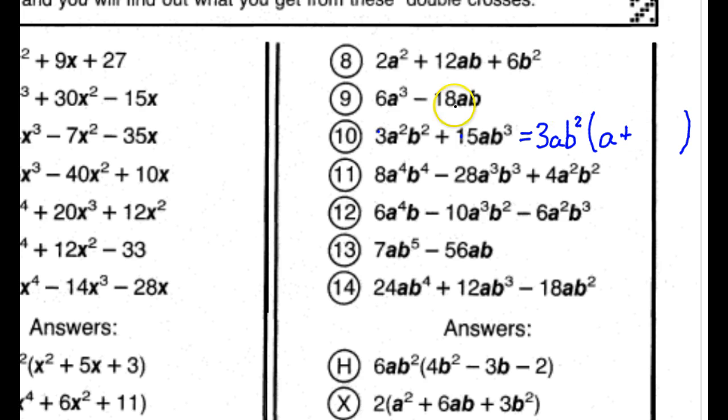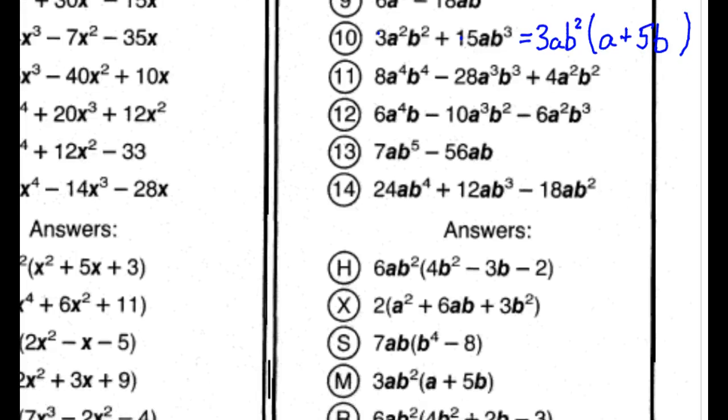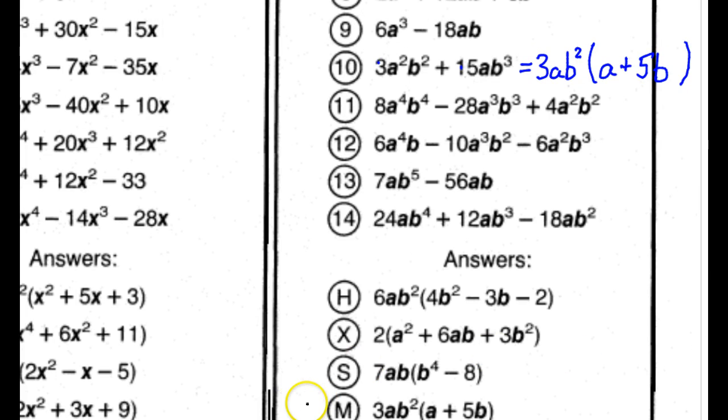3 times what is 15? a times what is a? 1. And b squared times what is b to the third? You get b. So 11, right here.